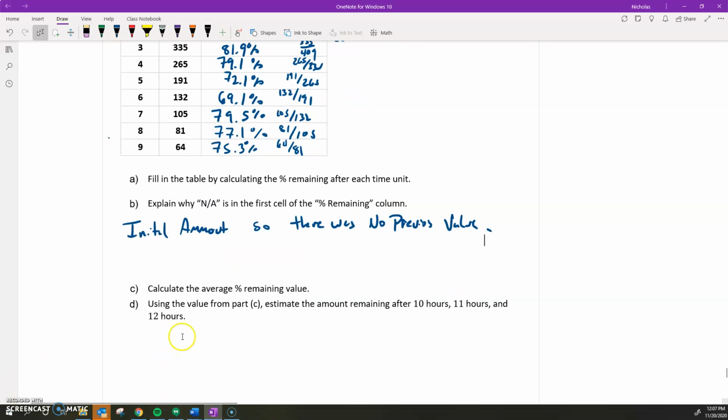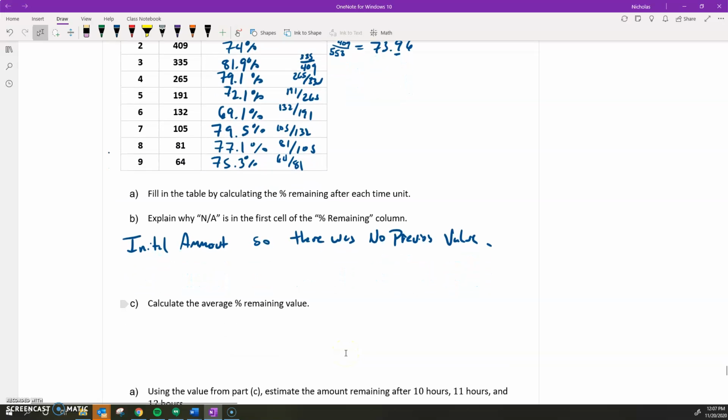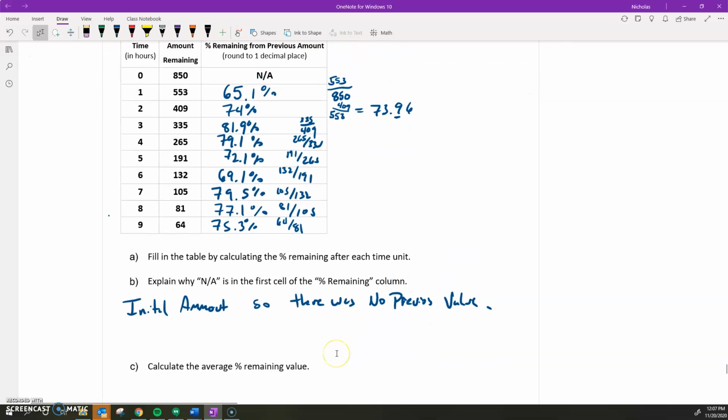Calculate the average percent remaining value. So to do this, I'm just going to average those up. What we're going to do, we're going to add the values and we're going to divide by 1, 2, 3, 4, 5, 6, 7, 8, 9. So I'm going to add those up.